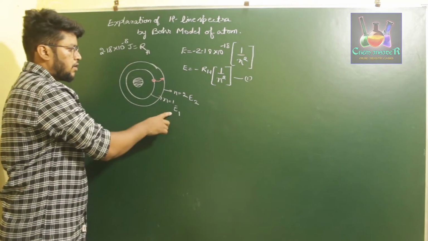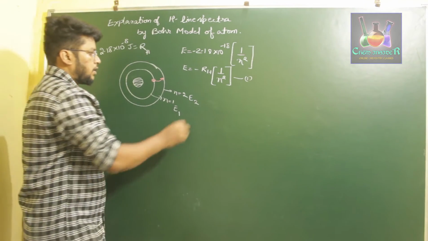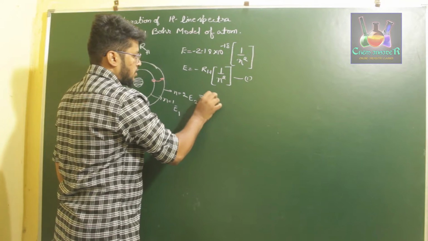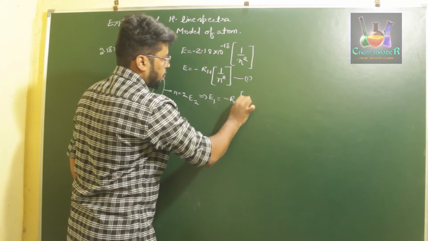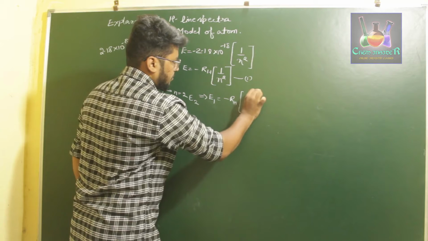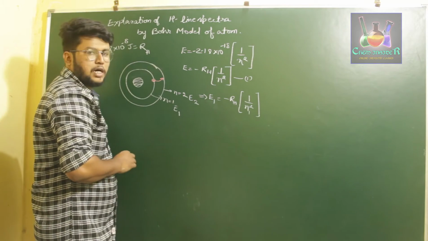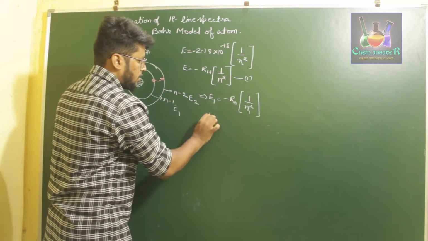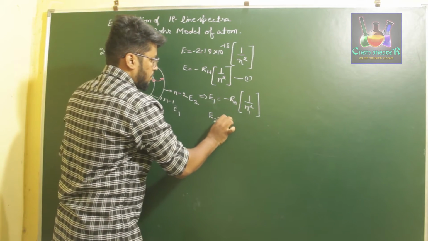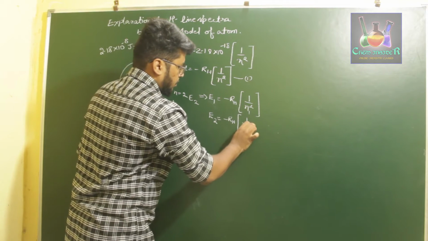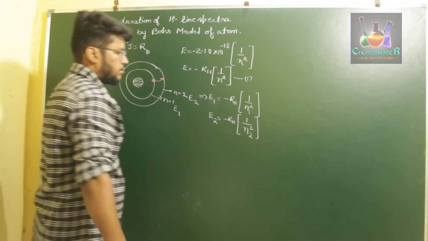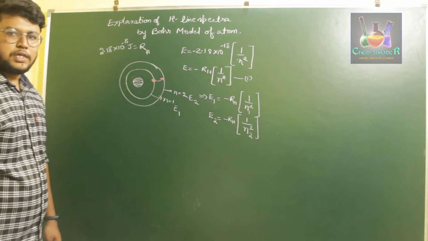Now for the energy levels E1 and E2, E1 is equal to minus RH into 1 by n1 square, and E2 is equal to minus RH into 1 by n2 square. So this is the energy of the second level.